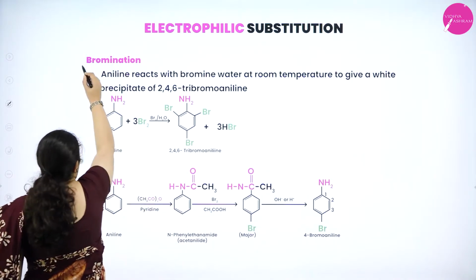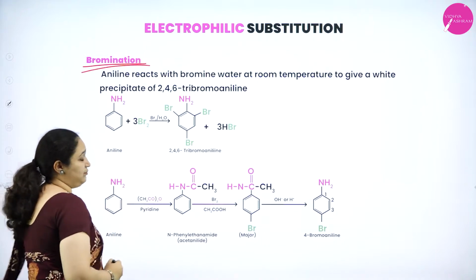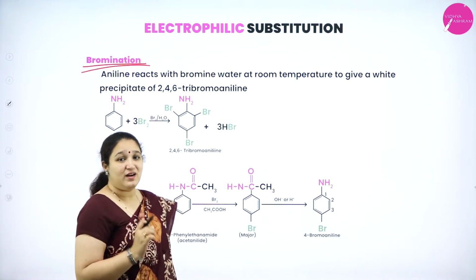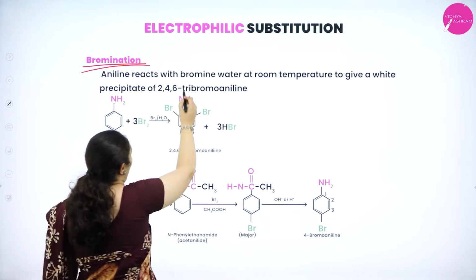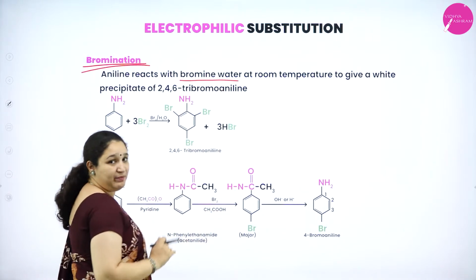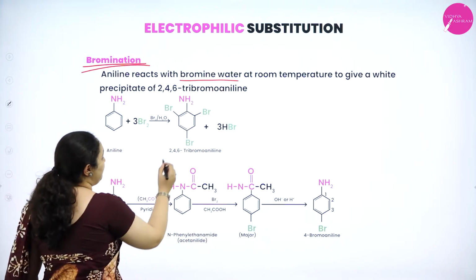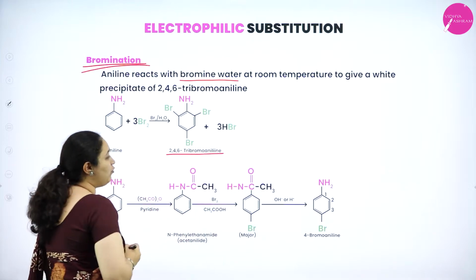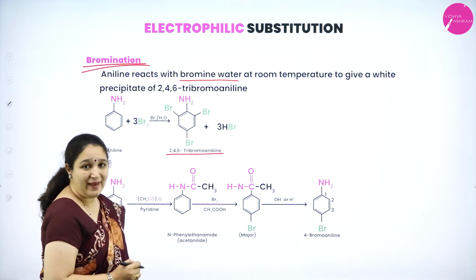First is bromination reaction. Aniline reacts with bromine water at room temperature to give white precipitate of 2,4,6-tribromoaniline.